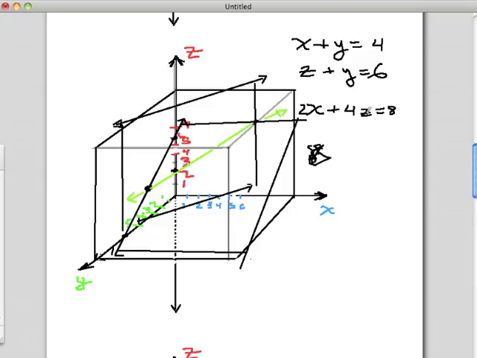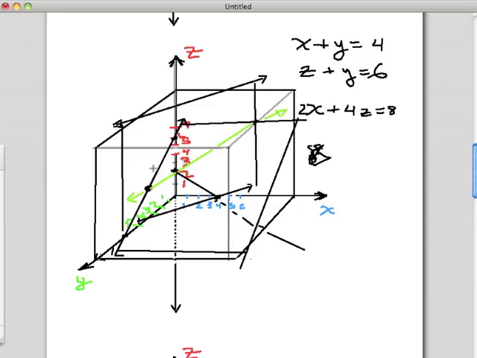And let's see, when z is equal to 0, so again we're on this axis, we're on the x-axis. X is equal to 4, so it goes right there. So this line is way back behind these other planes. To connect these 2 dots is way back beyond these other 2, but hopefully you can see it kind of extending way back there.